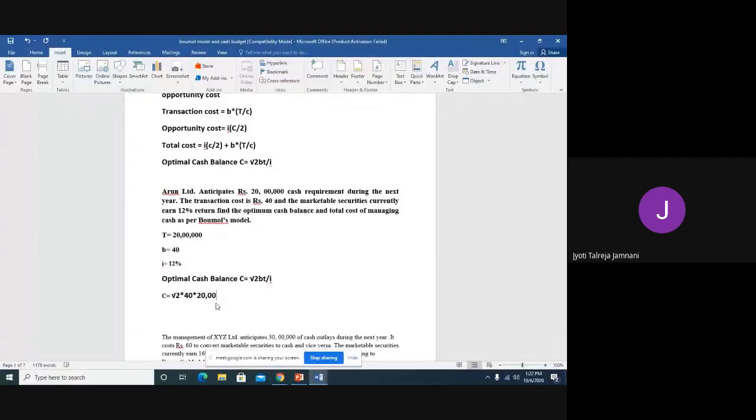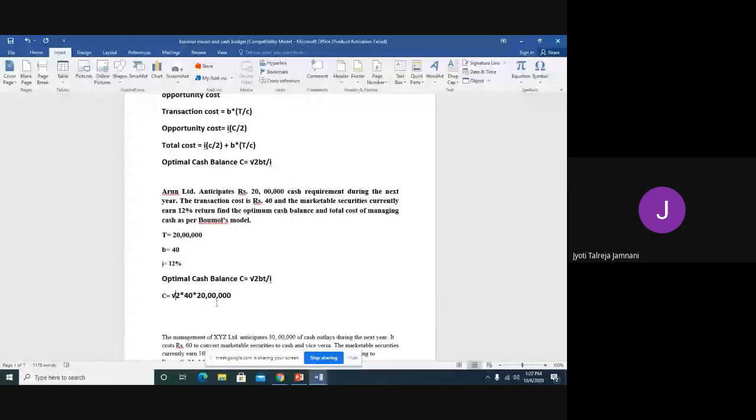I hope all of you have a calculator along with you. If not, at least from tomorrow's class, keep the calculator with you because you will have to tell me the answers. So this is square root of 2BT. Now I have to divide by I. So I'll just put this in the bracket.